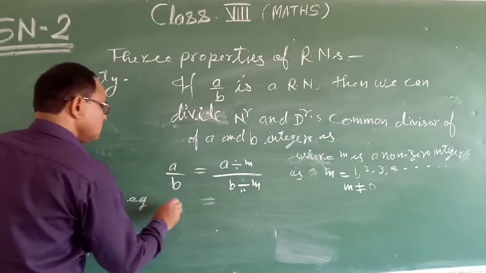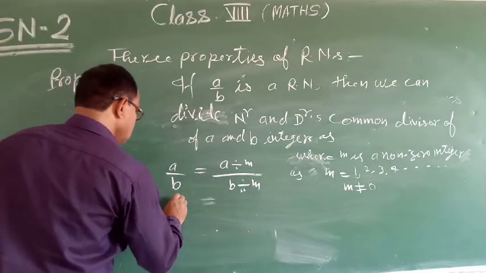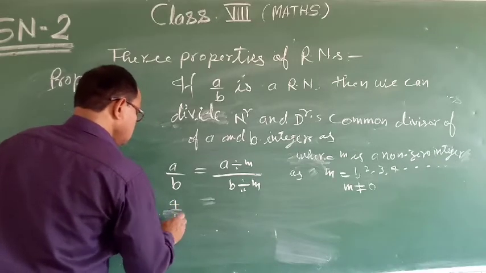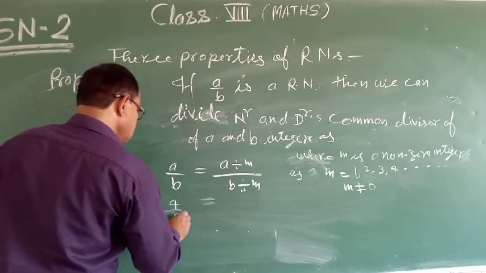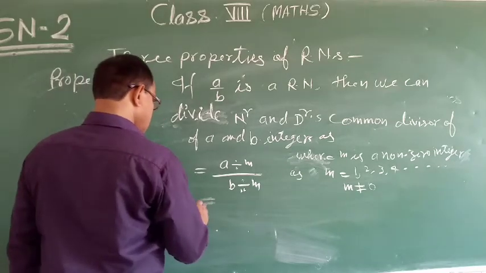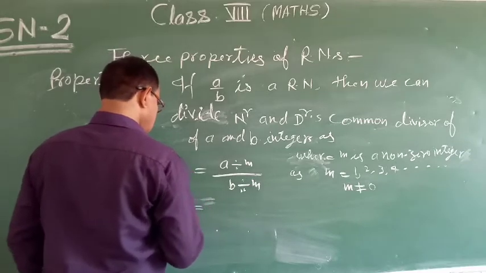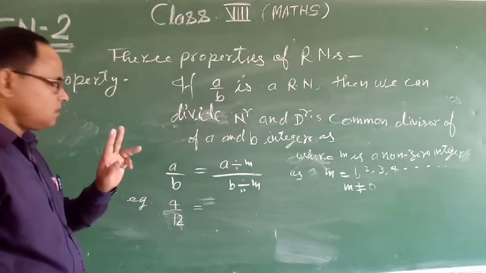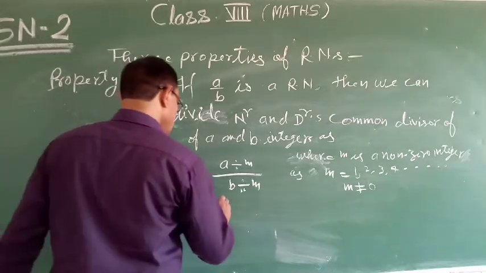Here, for example, 4 by 12. The common divisor of numerator and denominator is found to be 4.